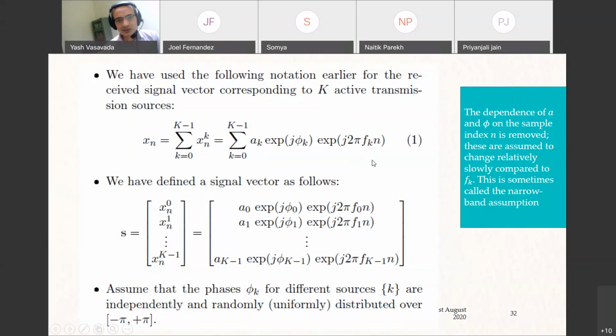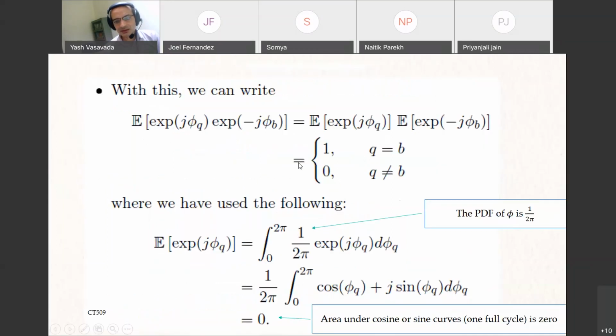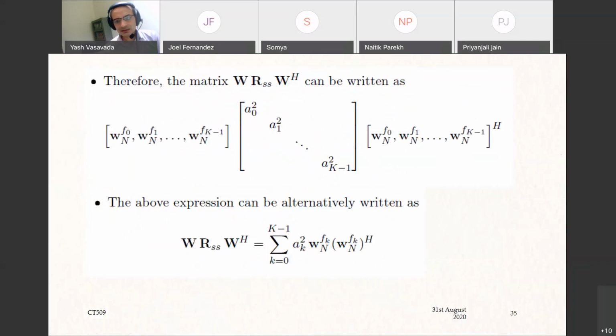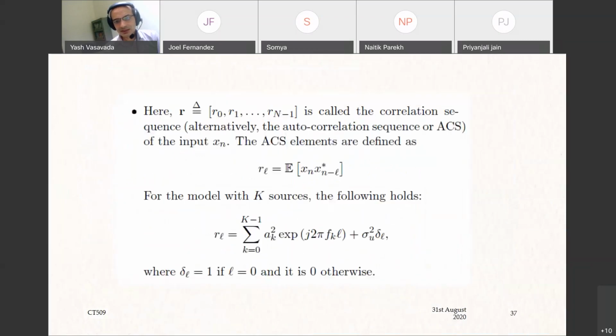By the way, there is a noise term here, which I think I have forgotten to add. But once I add that noise term, the power of the noise also gets added to the total power of the signal. And that is how I can justify R of 0 taking this expression.